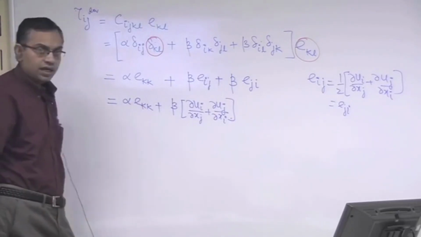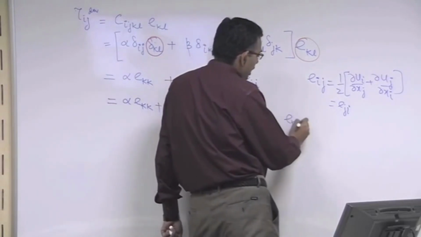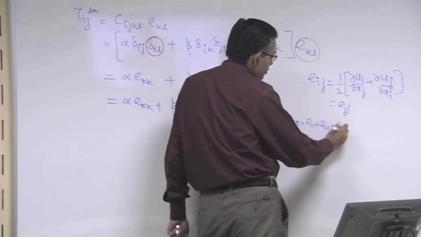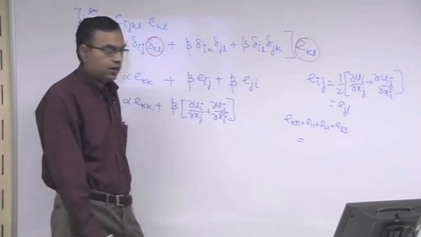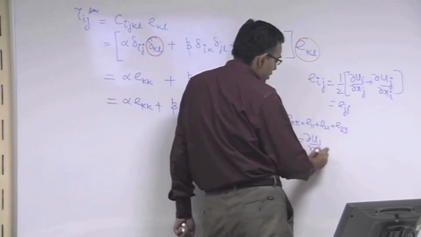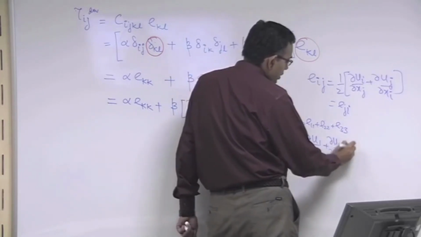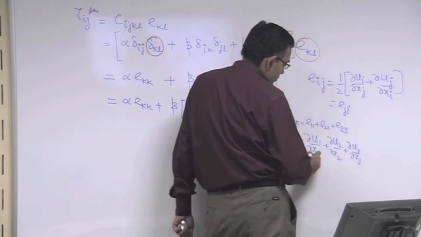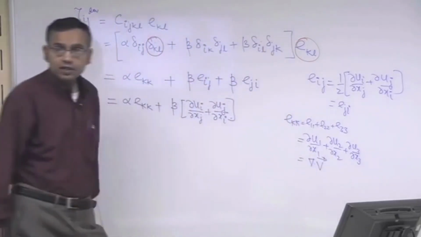What is E_kk? E_kk is E_11 plus E_22 plus E_33. This is del u1 del x1 plus del u2 del x2 plus del u3 del x3. This is nothing but the divergence of the velocity vector v.